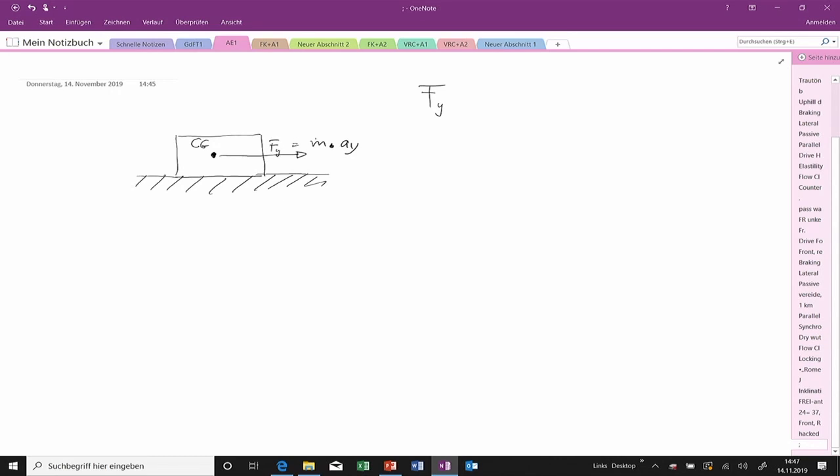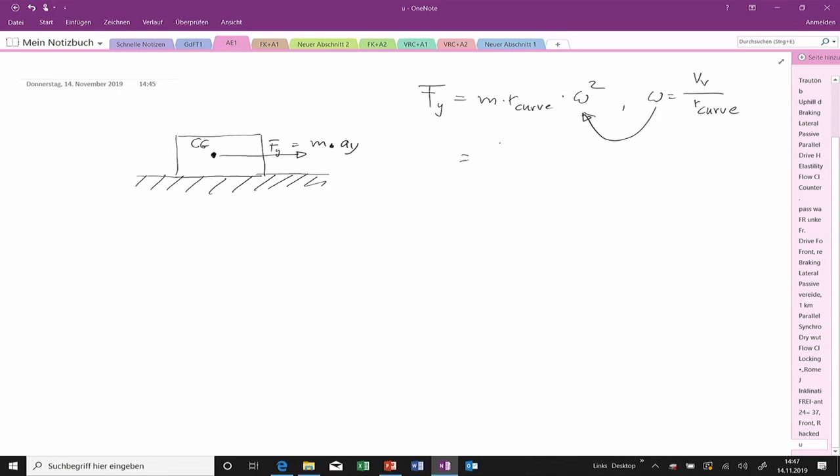We know centrifugal force is mass times the radius of the curve times omega squared, where omega is the angular speed while driving in this curve. We also know that omega is the speed on the track divided by the radius of the curve. We can make use of that and put it in here.